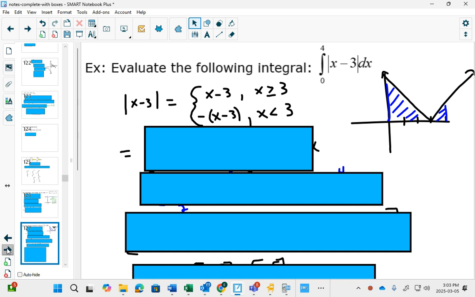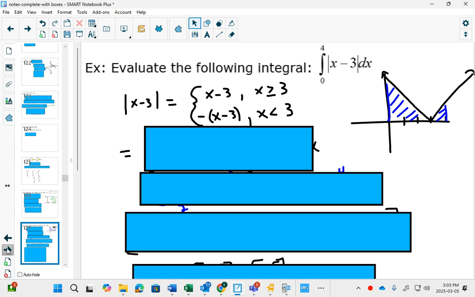absolute values can be written as piecewise. You have two lines here. One with a negative slope, one with a positive slope. Whenever the x values are bigger than or equal to 3, inside would be positive, meaning you wouldn't need the absolute values. It would just be x minus 3.